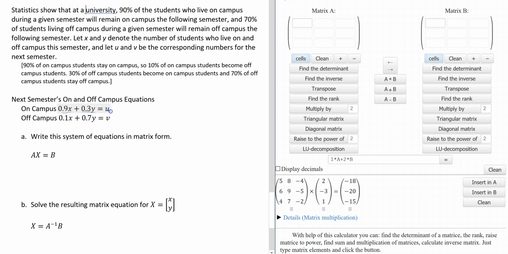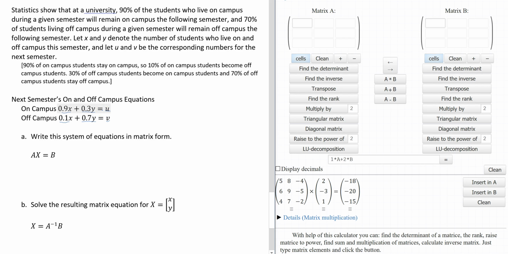And that will equal the total number of on-campus students, which is U. For off-campus students, 10% that used to be on campus become off campus, and 70% that were off stay off. So the total number of off-campus students is V.